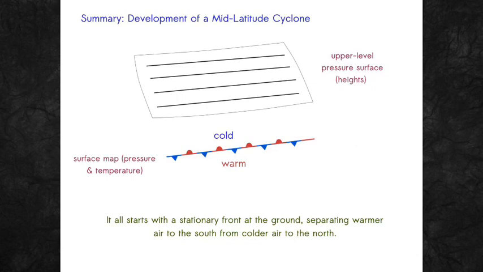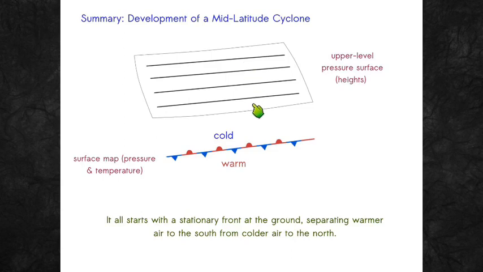Okay, so again, the breeding ground for one of these systems is a stationary front. So it all starts with a stationary front, a contrast between warm and cold air here. At this stage, there's not really a whole lot happening, and there's not much happening at upper levels either.